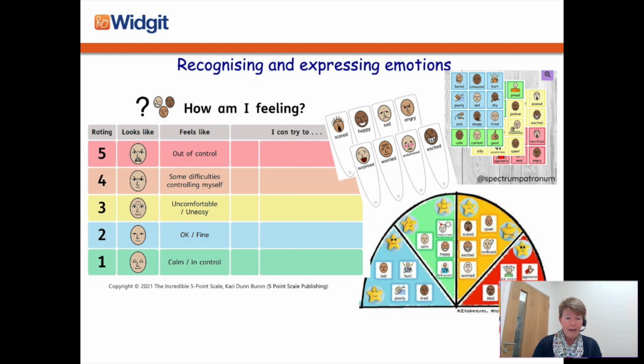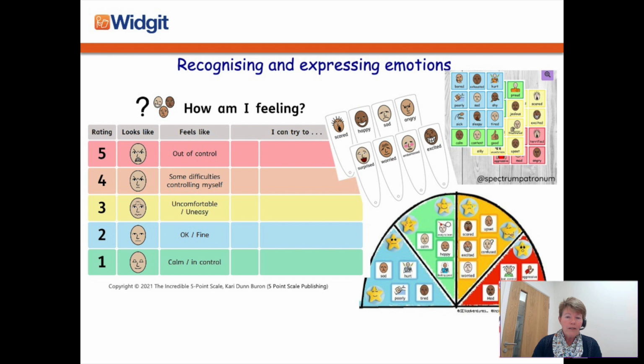So your left-hand side, you have the incredible 5-point scale from Carrie Dunn-Buron, really good again for autistic children, recognizing 5 levels of emotions and 5 levels of anxiety or frustration or anger, and also in that particular resource allowing you to put in something that you can do to bring yourself back down to a different level.